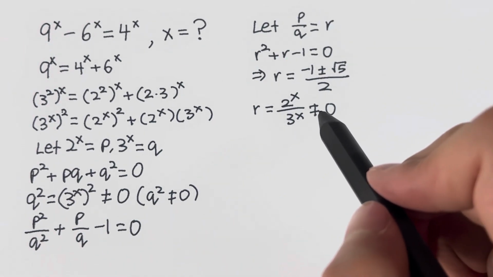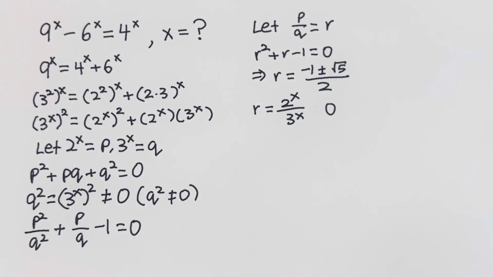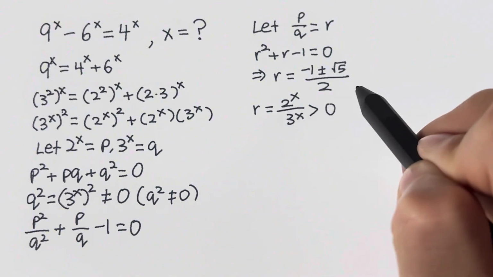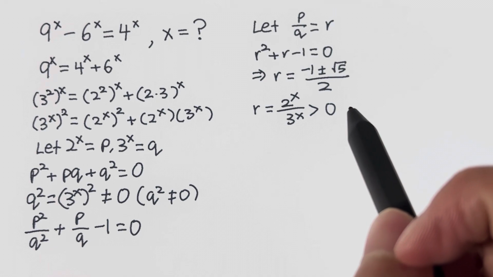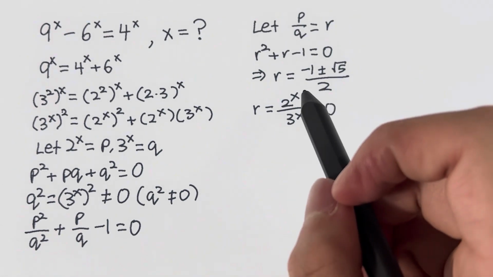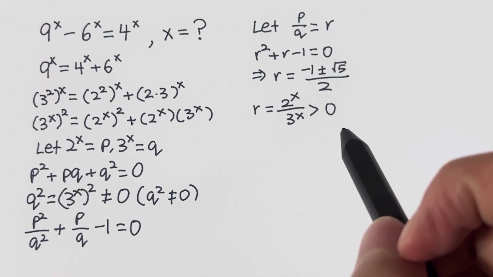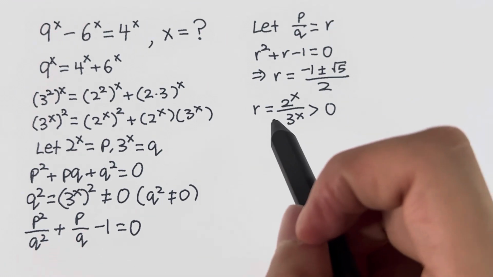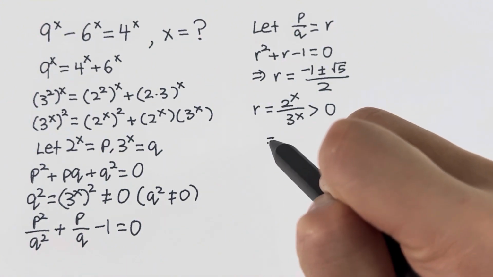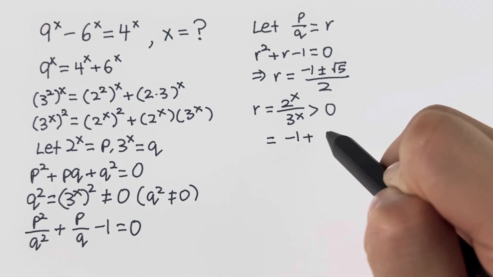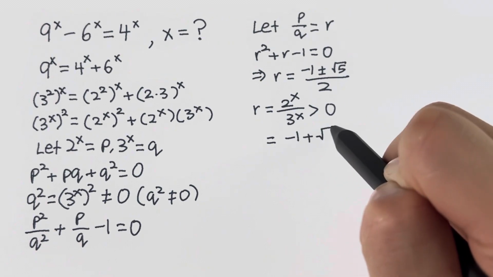With exponential functions where 2 and 3 are both greater than 0, by the property of exponential functions, the range of both of these functions will be greater than 0. So the quotient will be greater than 0. This means that it can only be positive, so r equals square root of 5 minus 1, divided by 2.